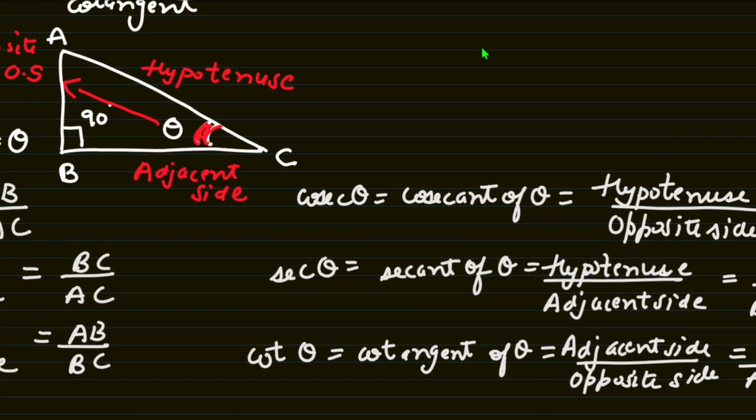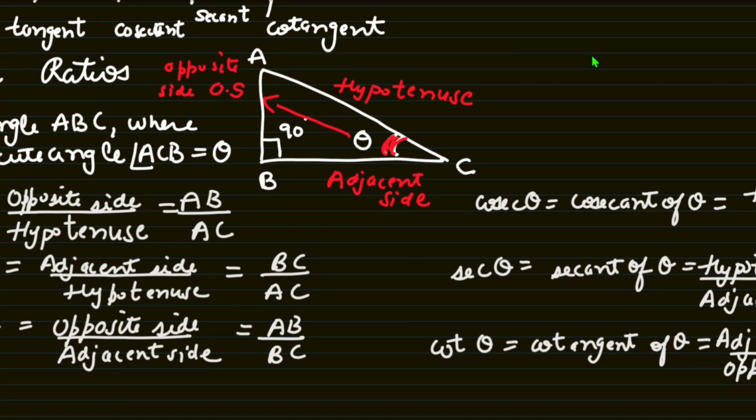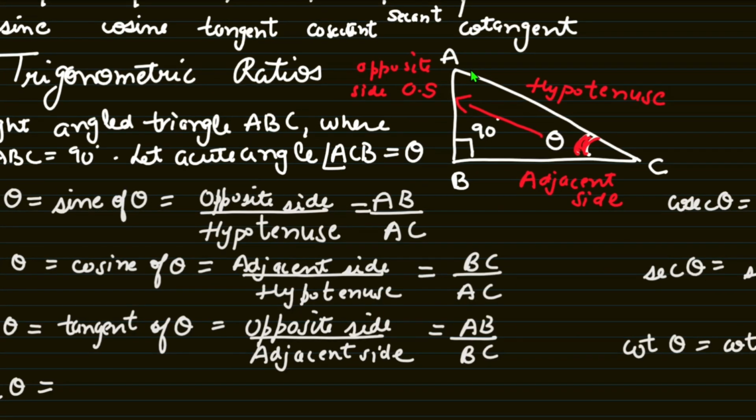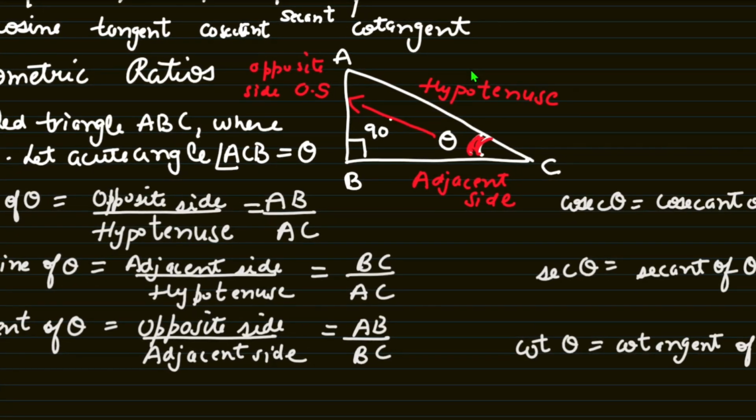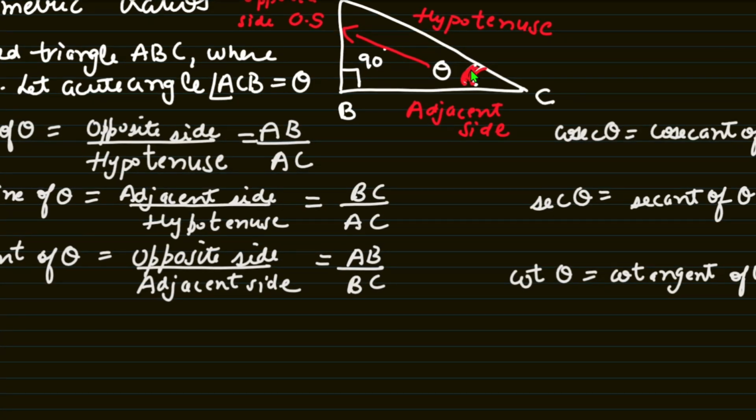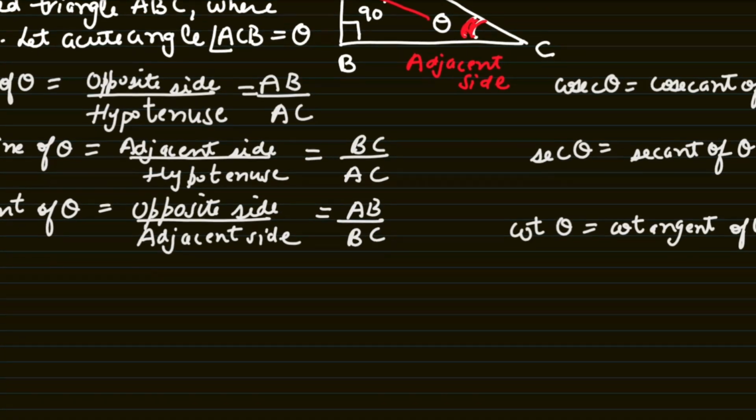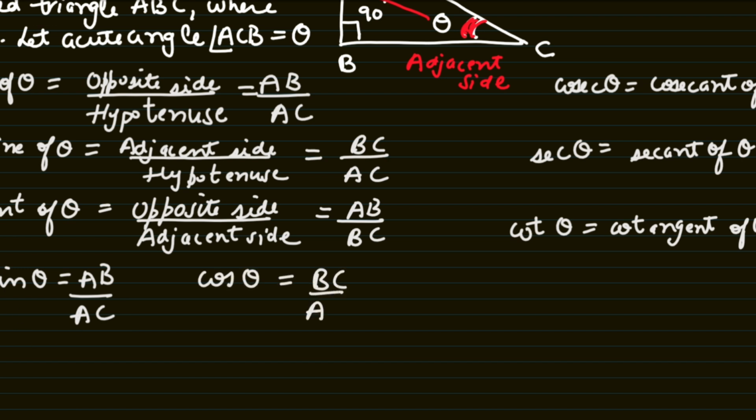So here, can you spot any relation between the values? So here I'm going to write the values right here. Value of sine theta comes out to be AB upon AC. Cos theta is BC upon AC.